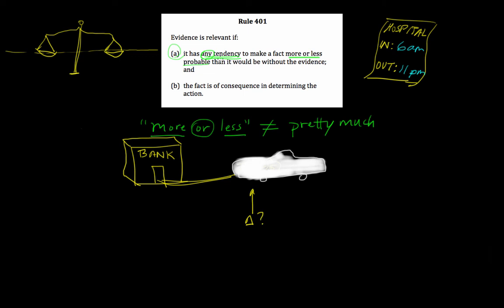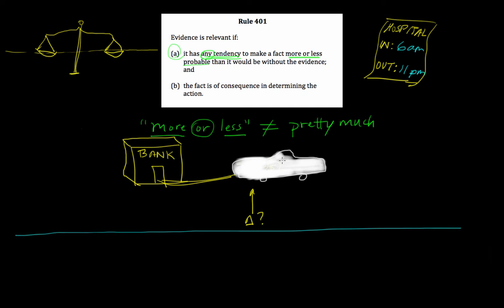Now, just a couple of special points about this any tendency stuff. First of all, let's draw a little line here and write these notes down. The first thing I want you to notice is that the hospital records showing that the defendant was in the hospital all day are probably a more persuasive piece of evidence than the testimony from the witness who just said that she saw the robber drive away in a white car.